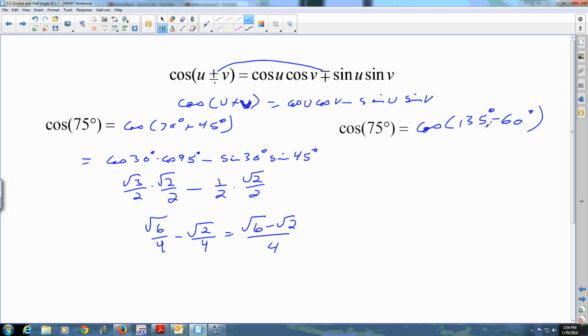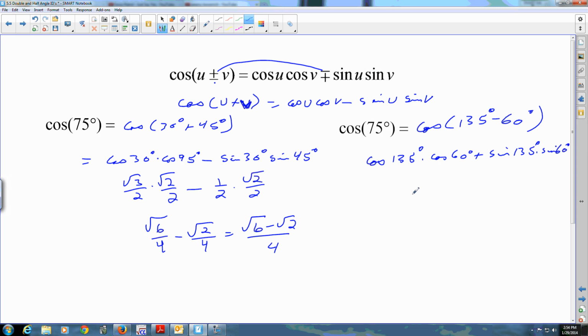If you did it cosine 135 minus 60. So using the same pattern, this time I'm subtracting. So you got cosine of 135 times cosine of 60. But since you're subtracting, you add, plus sine 135 sine 60. Okay?